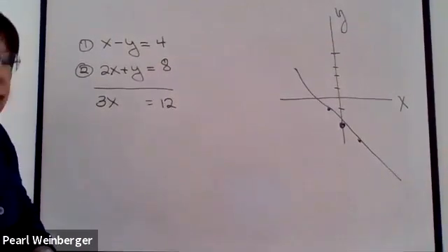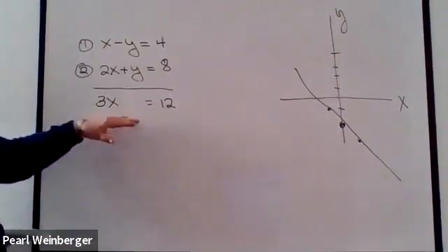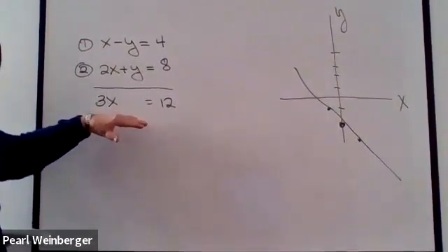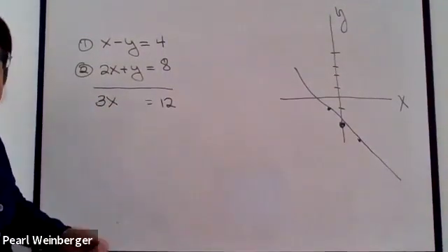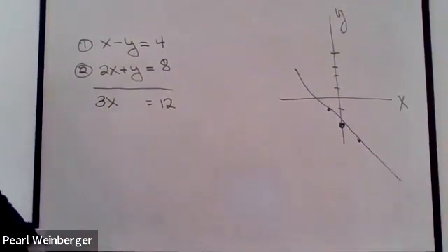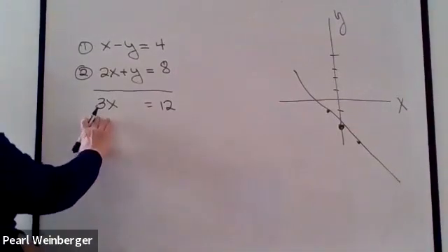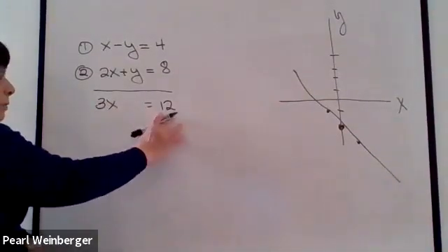Now you'll understand why this method is called the elimination method. Because by adding the two equations, I got rid of one of my variables. I happened to eliminate the y variable. And now I only have an equation with one variable. I have 3x equals 12.